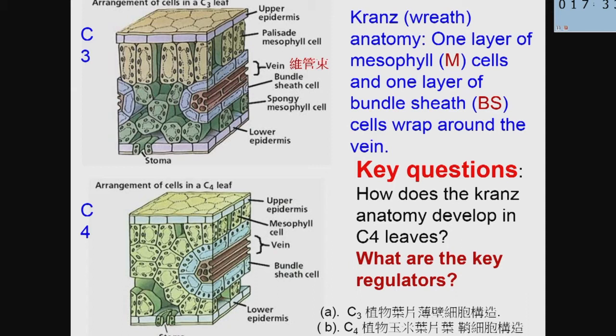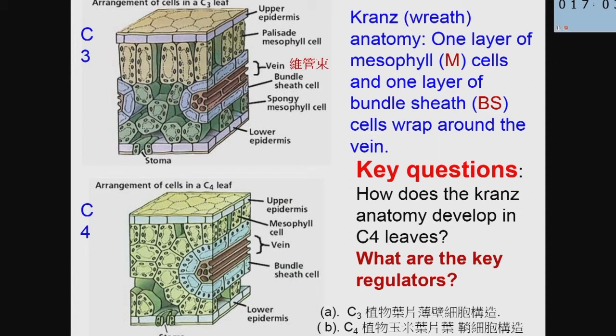But if you look more carefully, you'll see that in the case of C3, the mesophyll is chaotic, but in the case of C4, it's well organized, very regular. Another difference is that the bundle sheath cells in C3 plants don't have chloroplasts. They cannot participate in photosynthesis.